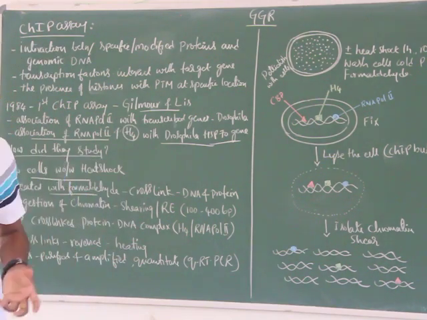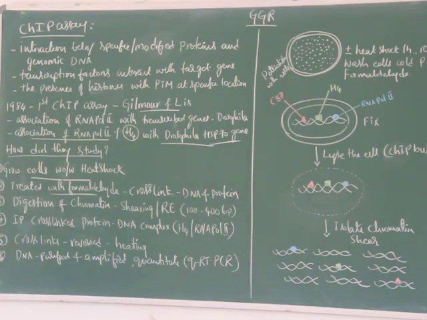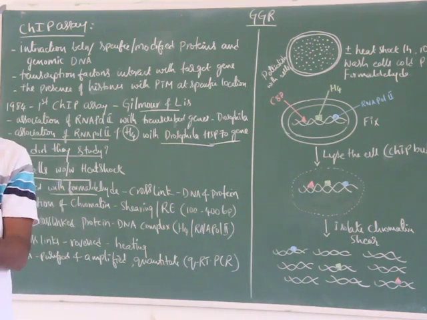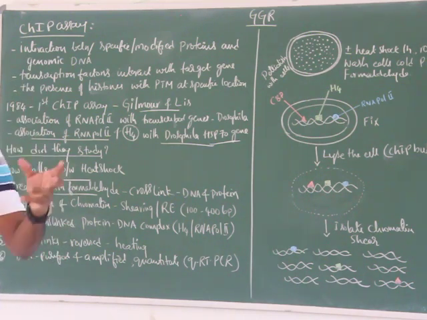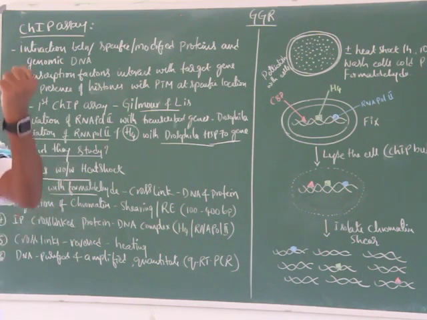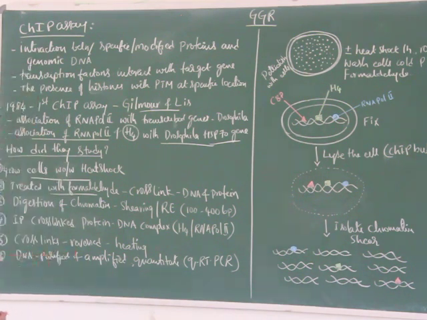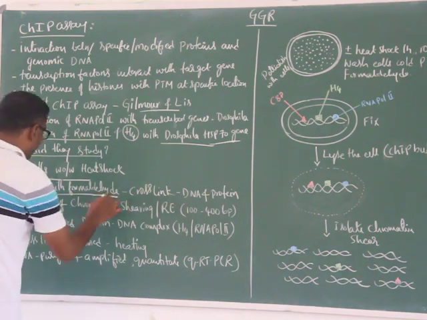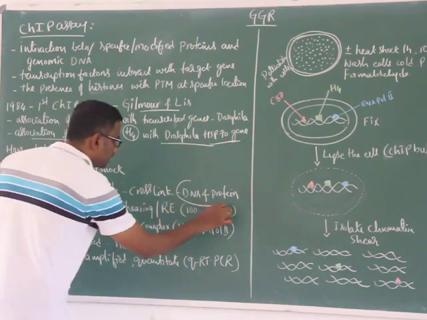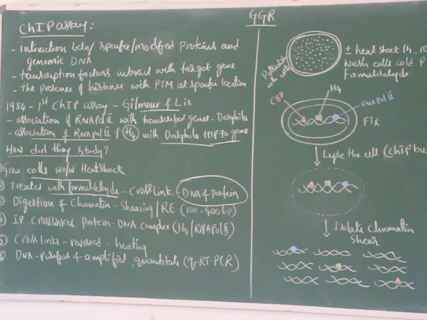In the chromatin immunoprecipitation assay, you are targeting entire chromatin, right? You are going to pull down chromatin. What is chromatin? Chromatin is nothing but DNA and protein. You are going to use antibody against that protein, but you are going to pull down entire chromatin, right? DNA and protein. So formaldehyde cross-links DNA and protein, right?